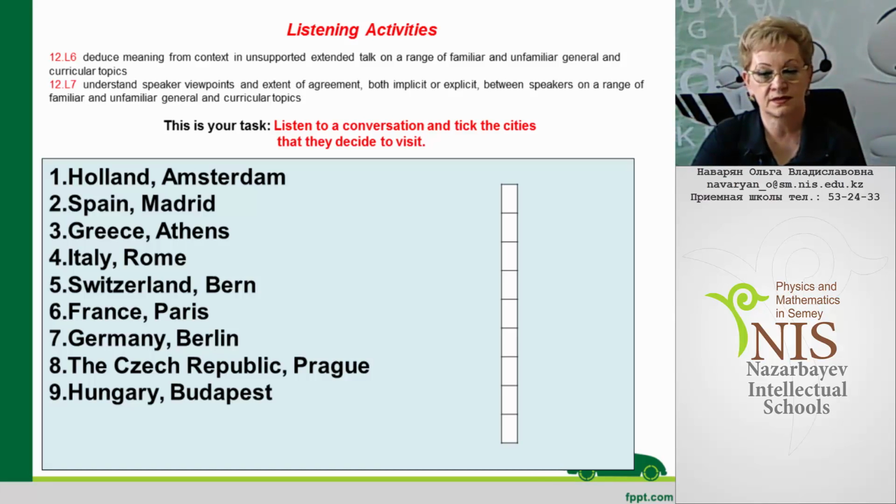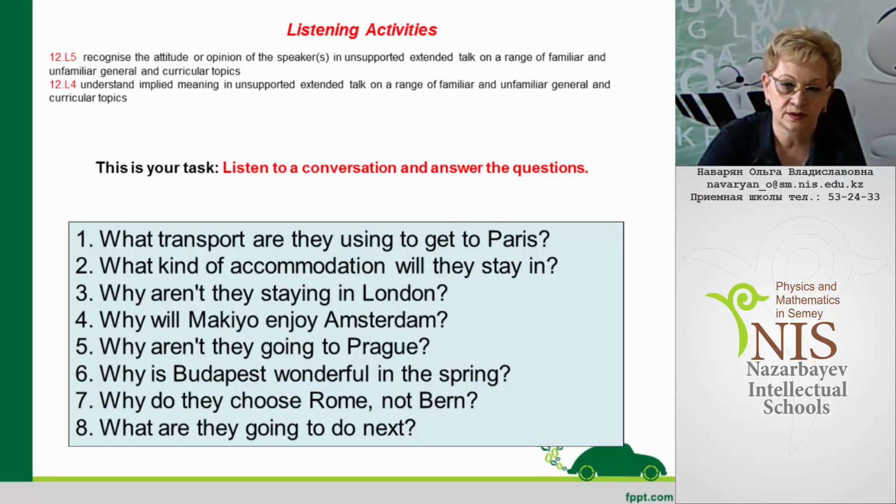Students are going to listen to a conversation, and while listening, let them choose among a great number of cities, according to the speakers, what towns and what places they decided to visit. Or, for example, listen to the same conversation and answer the questions. Students should write in written form, of course, and fill in this worksheet.